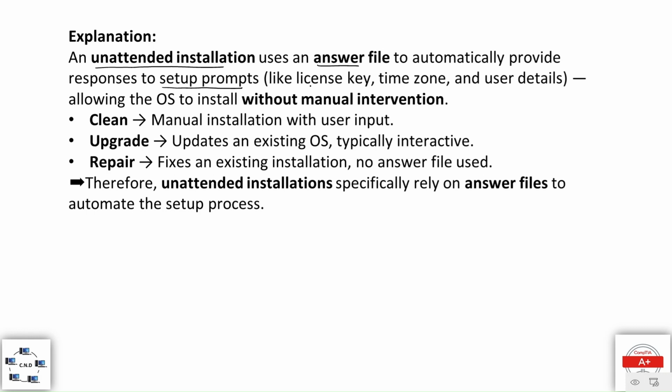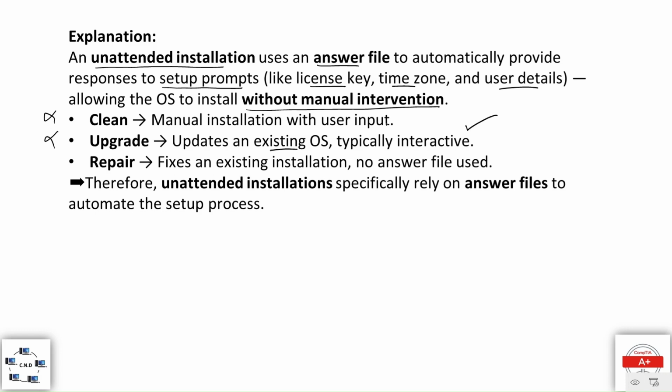And the explanation is, an unattended installation uses an answer file to automatically provide responses to setup prompts like license, time zone, and user details, allowing the operating system to install without manual intervention. The incorrect option, clean, is manual installation with user input. Upgrade basically updates an existing operating system, and it is also typically interactive.